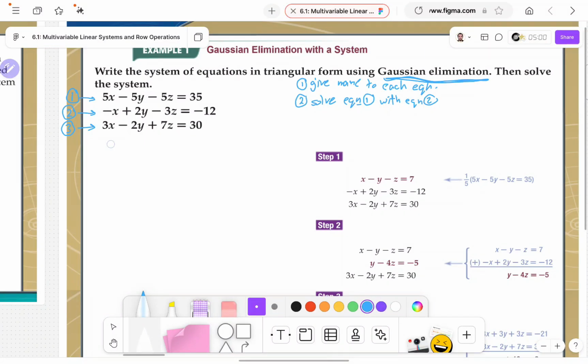Now equation 1 is 5x minus 5y minus 5z equal 35. Equation 2 is negative x plus 2y minus 3z equal 12.